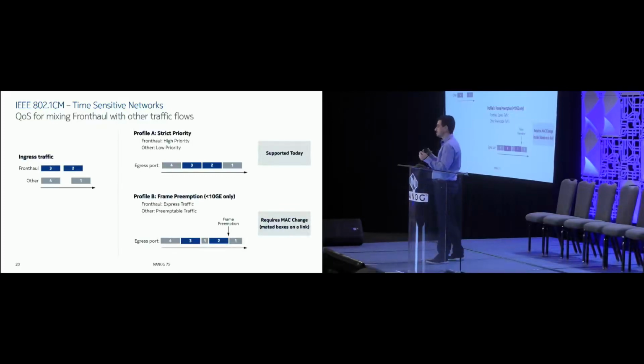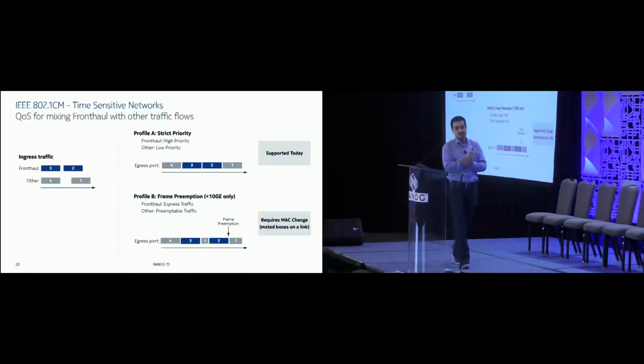So the way you do that is you start transmitting whatever frame you have there, and the moment you receive a high priority frame, you stop transmitting that frame, you transmit the higher priority frame, and then once that's done, you resume transmitting the lower priority frame, right? So this applies to links that are 10 gig or less.